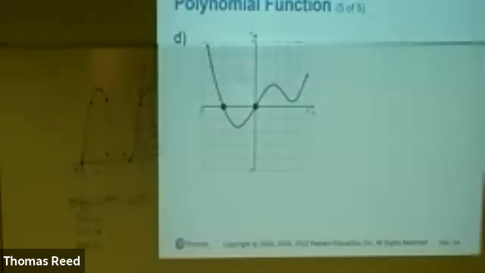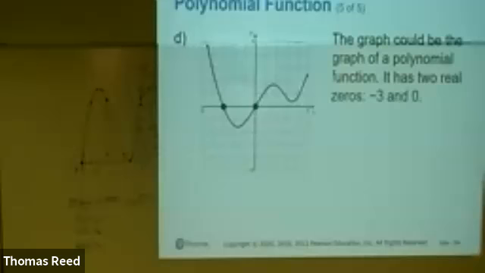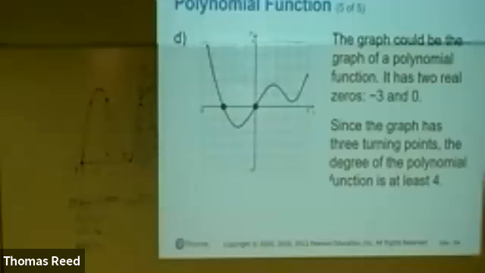So -3 and 0 are the x-intercepts. They're not asking for the y-intercept, but it's 0 as well. How many turns? 3. So what's the smallest degree? 4.